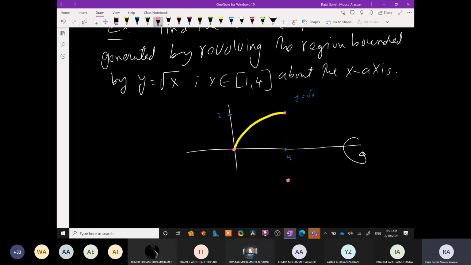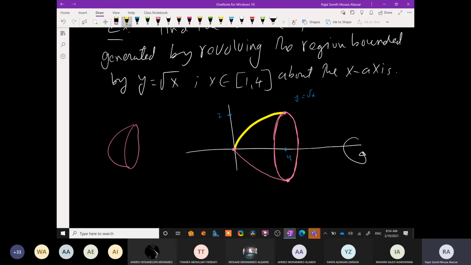So it is going to do this shape, and this curve is going to rotate as such. So this is the shape that you're going to get, something like a pot. You will end up with this kind of volume.